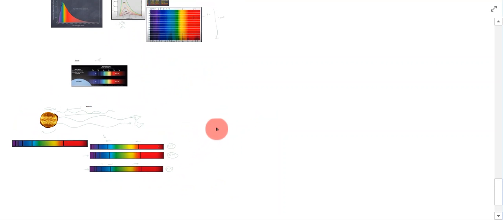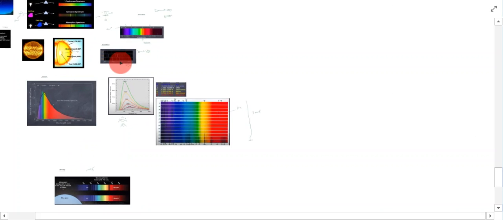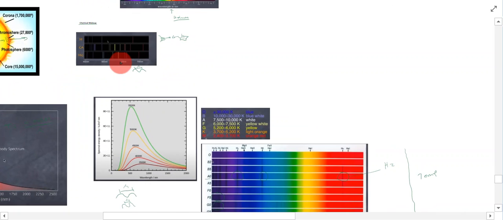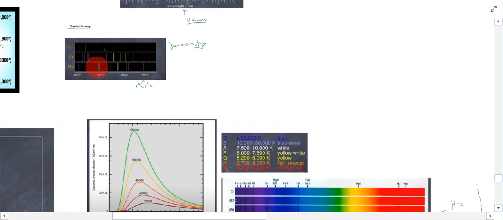So we've looked at quite a few things here today, in relation to this very interesting and fascinating topic. We looked at how we can take the starlight, break it down, and generate particular types of emission spectra, and then look at those emission spectra to look at the chemical makeup, like what we've seen here.